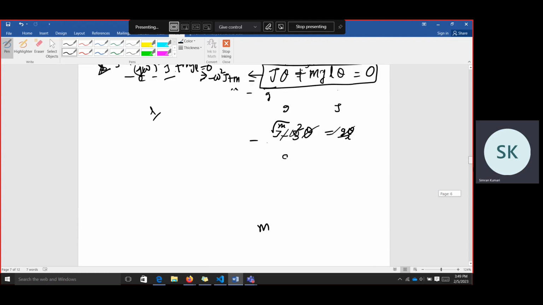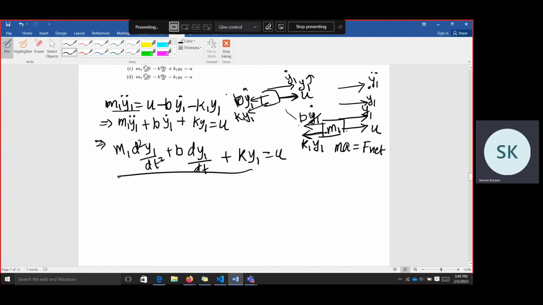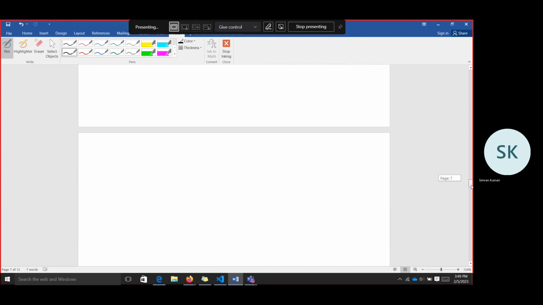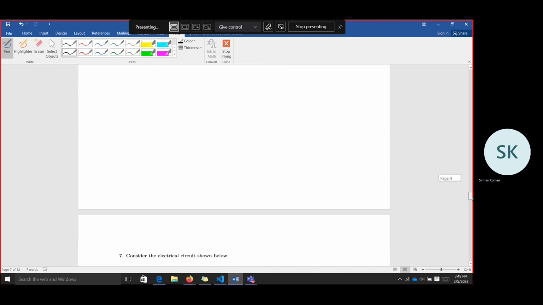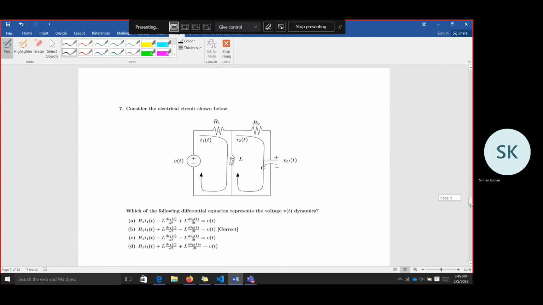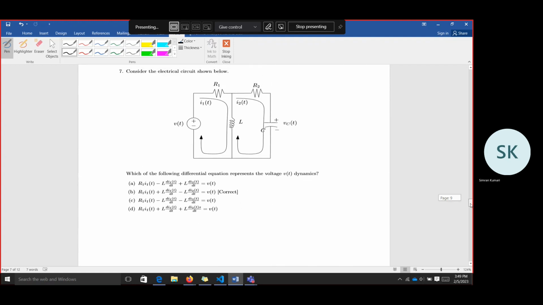The sixth question. Okay, this is the sixth question. So for this RLC circuit with a source which is V(t), this V(t) is the input, and this whole system is being provided the input and we are trying to find the output.